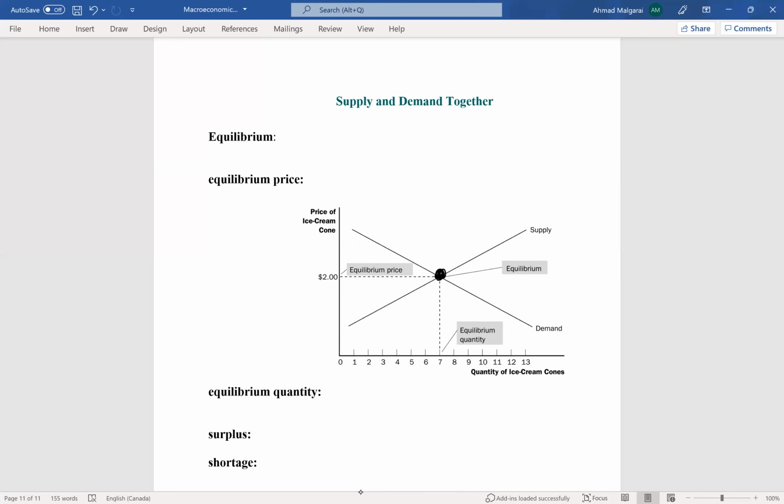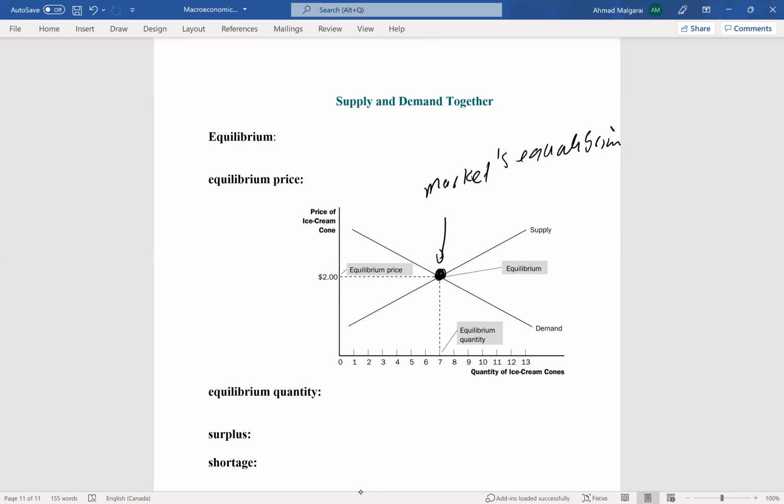And this is what we call market equilibrium. It represents the situation in which the price has reached the level where quantity supplied equals quantity demanded.